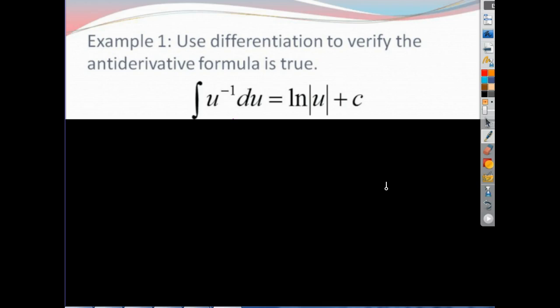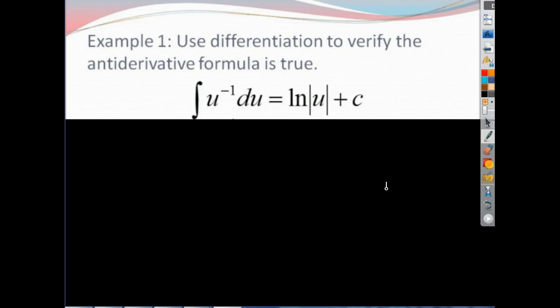I was like, oh no, we can't have u to the 0, what's this case? And then somebody recalled that 1 over u, see? That 1 over u was the natural log of u. So here's where we're going to get a little more particular and talk about it more in depth.